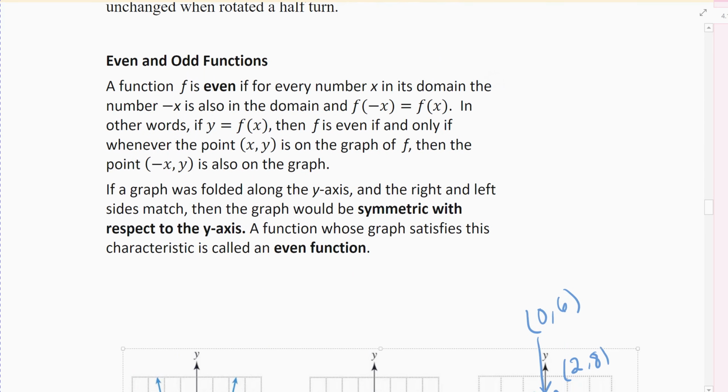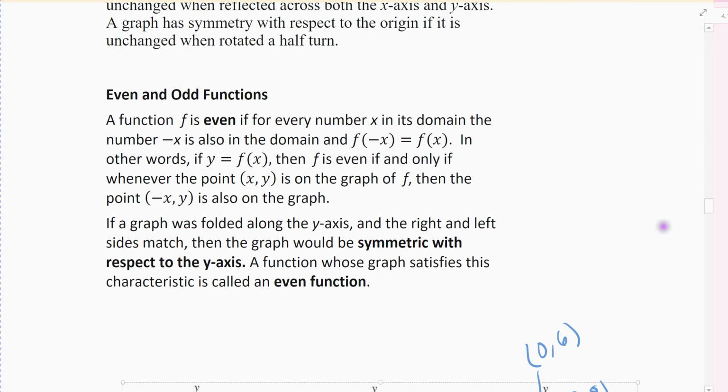A function is even if it has the first type of symmetry. A function is even if for every number in its domain, when I plug negative x in, which is flipping it over the y-axis, the function doesn't change. The reason it's called even symmetry is because your powers are even.